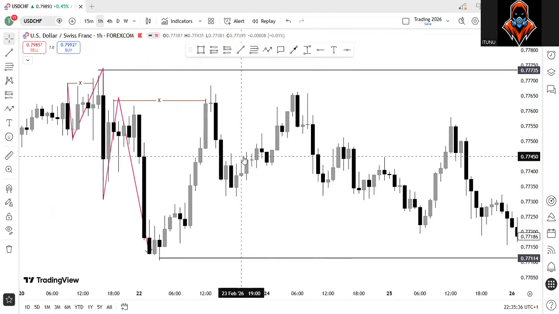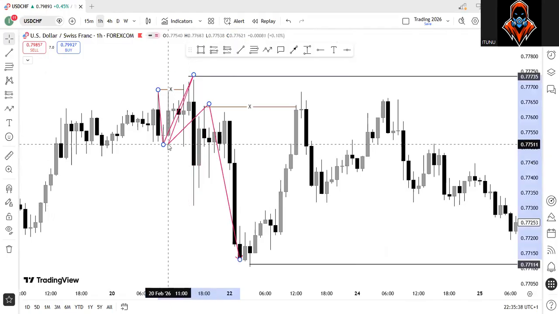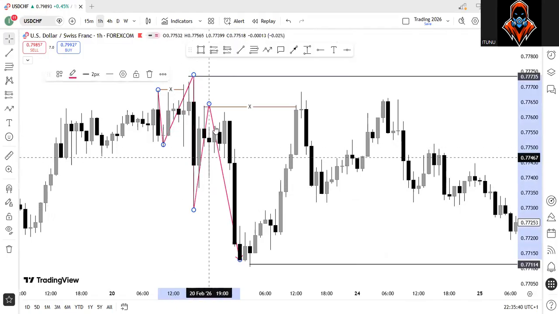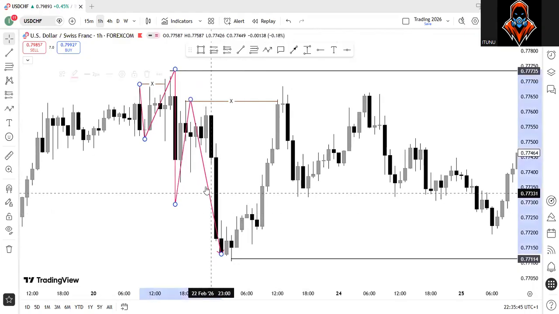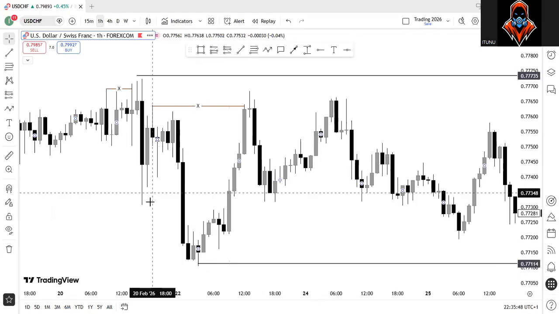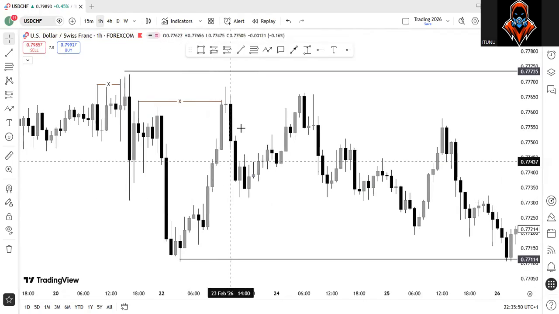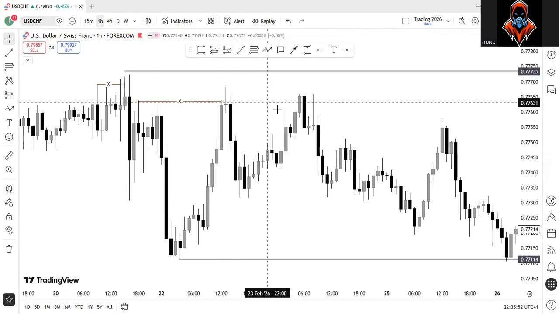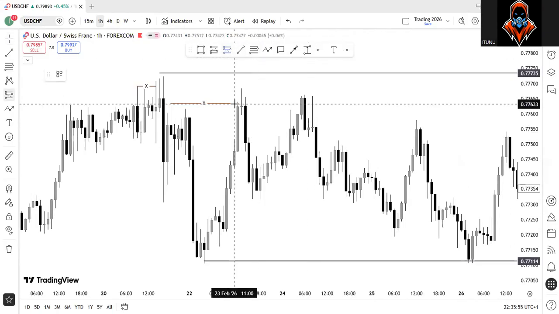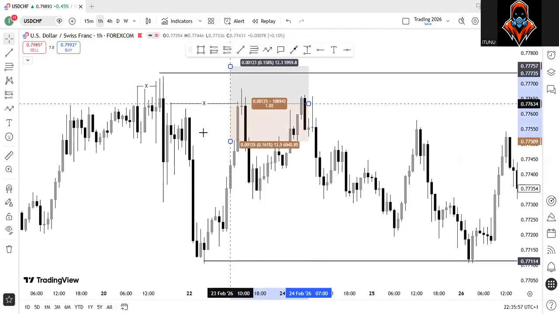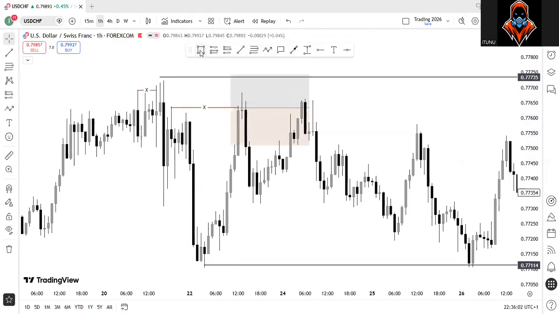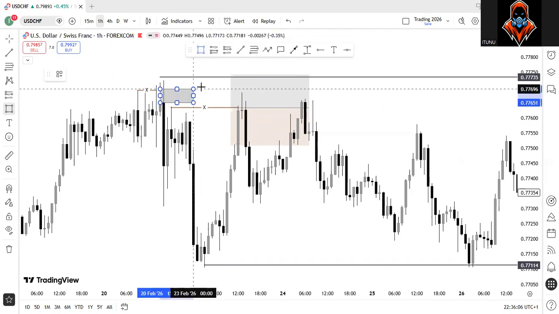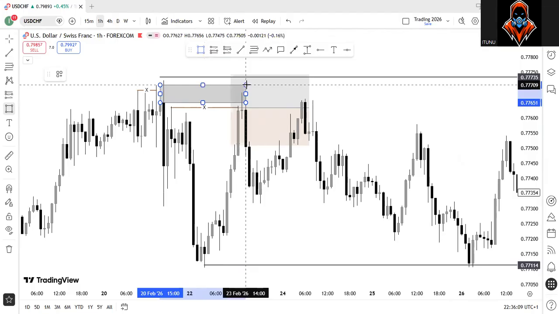So this is a type 1 setup because it takes out this low, comes down, then retraces to create another structure, comes down again to take out this low, then retraces to our liquidity. We set our limits at the liquidity, or we can use the wick of the last bullish candle before the bearish move.